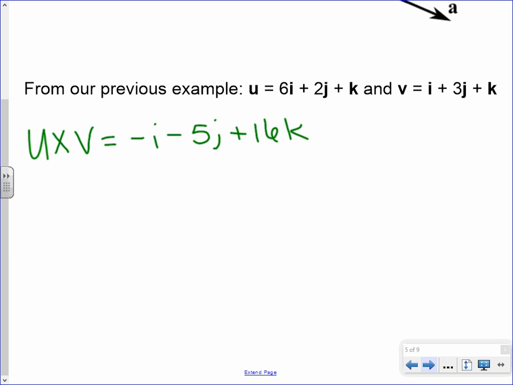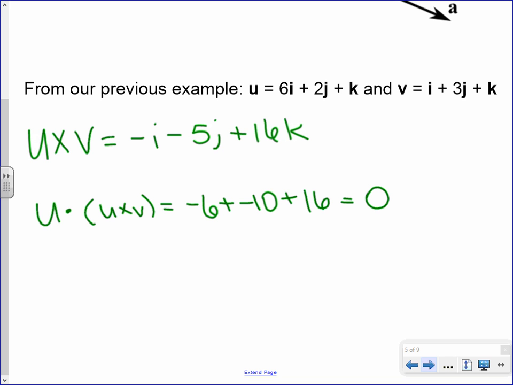So if we take U and we dot it with U cross V, then we take -1 times 6 plus -5 times 2 plus 16 times 1. Our dot product is 0.